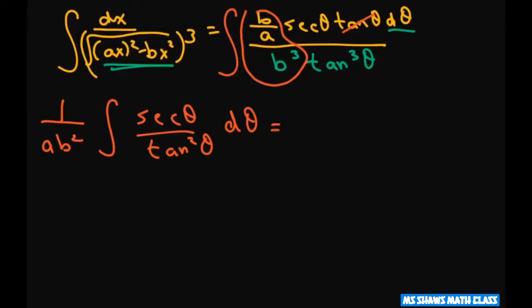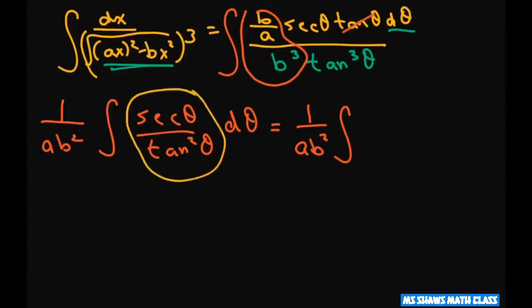All right, so this is going to simplify as 1 divided by ab squared, and then that's just going to be cosine theta over sine squared theta d theta.